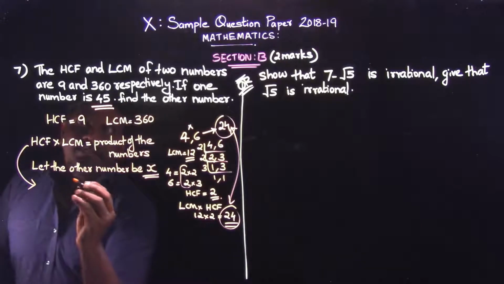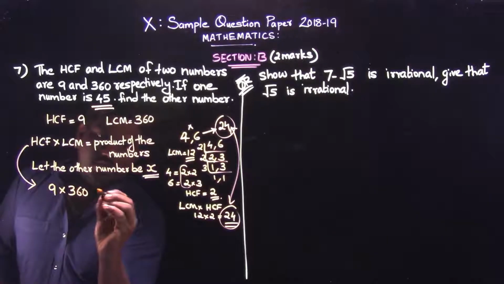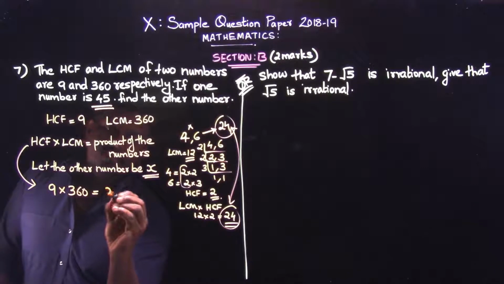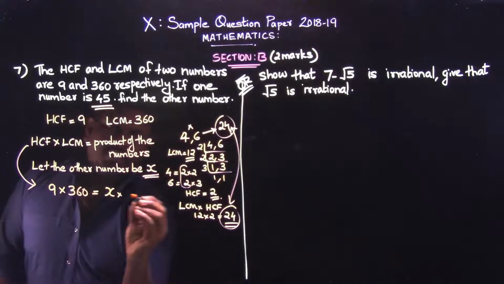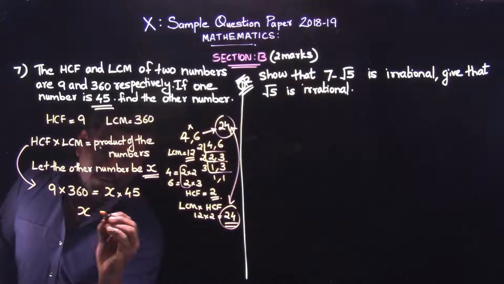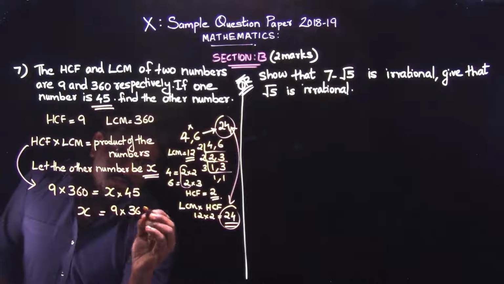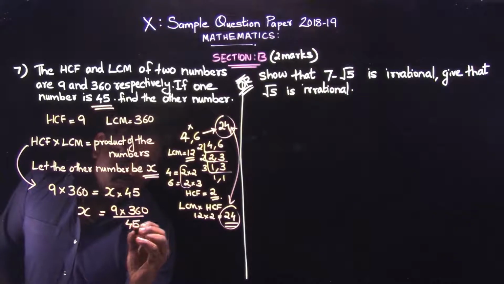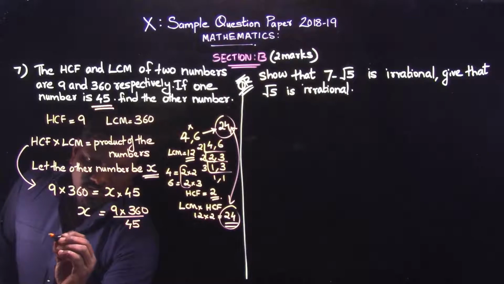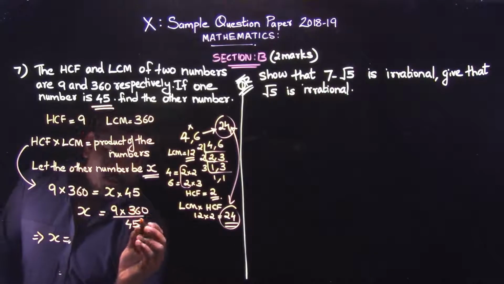What I will get here: 9 into 360 is equal to x, one number, into the other number, 45. So in order to find the value of x, 45 will go down this side. So it will be 9 into 360 by 45, isn't it? So x is equal to 9 into 360 by 45.